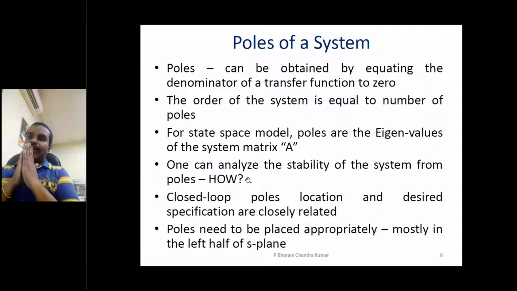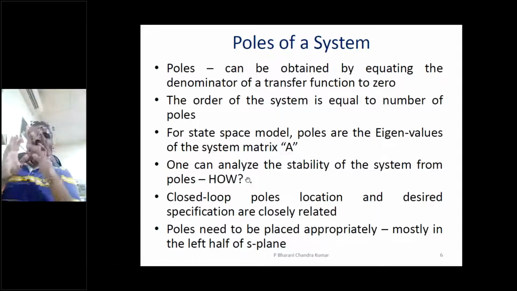A very simple answer is, if all the poles are on the left half of the S plane, then the system will be stable. That means if you really want a stable response, you have to place all the poles on the left half of the S plane. The next thing is that closed loop pole locations and desired specifications are closely related.